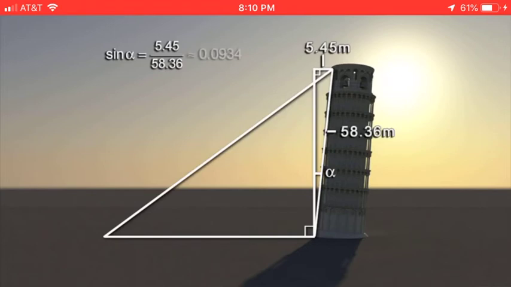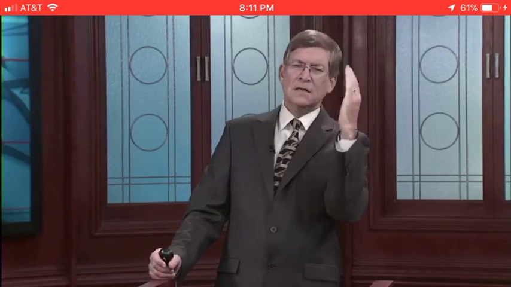Plug those into your calculator, and you'll obtain something like 0.0934. Now use the inverse sine button in degree mode, and you'll obtain the answer of about 5.36 degrees. So that's the degree measure of the leaning Tower of Pisa.